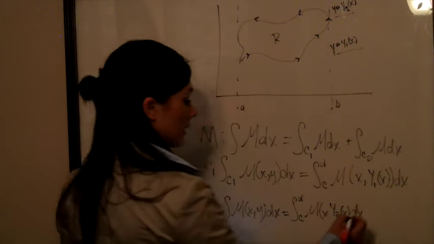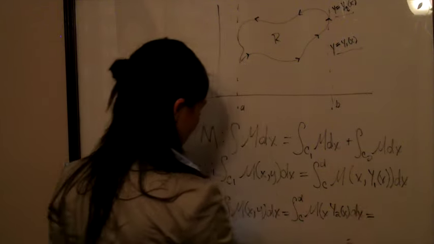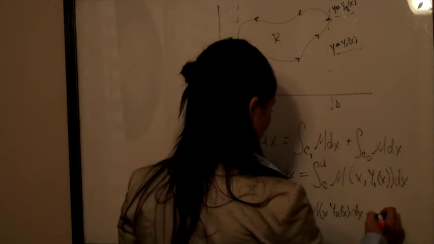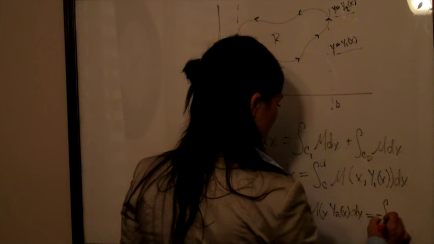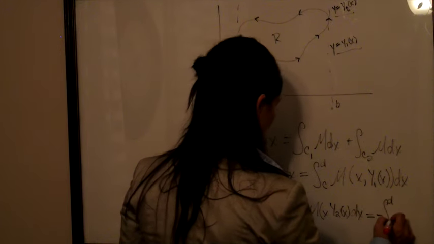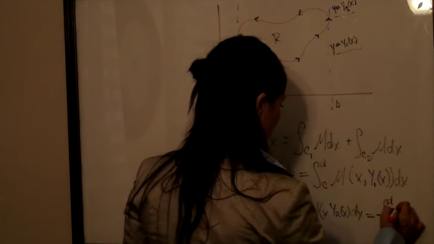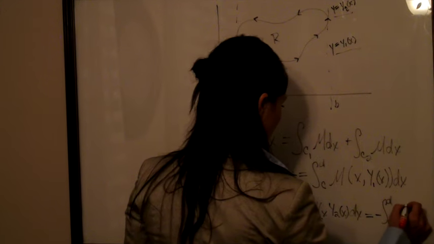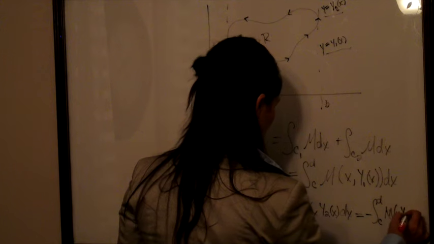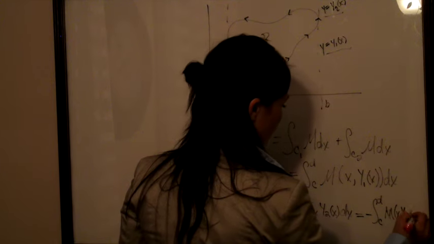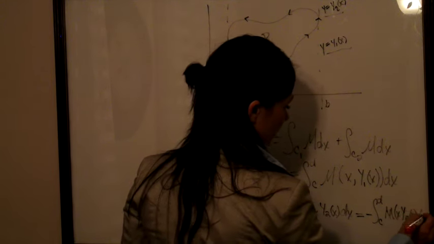And this is going to equal the negative integral from c to d of M(x, y2(x)) dx.